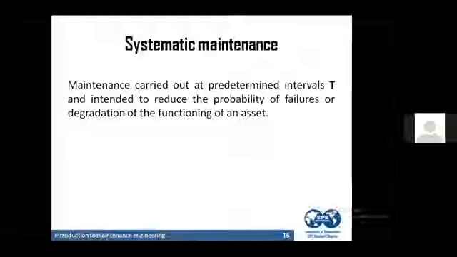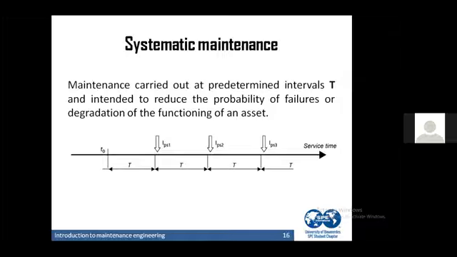So first is systematic preventive maintenance, and this type is carried out at predetermined intervals and intended to reduce the probability of failure or degradation. Here in this figure, we can see different types of preventive interventions separated with different intervals of times.